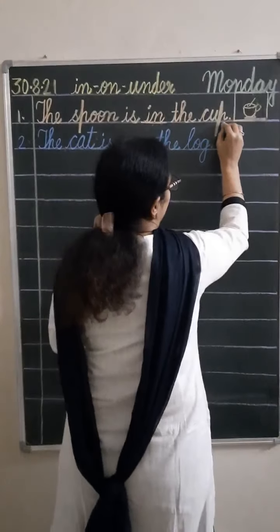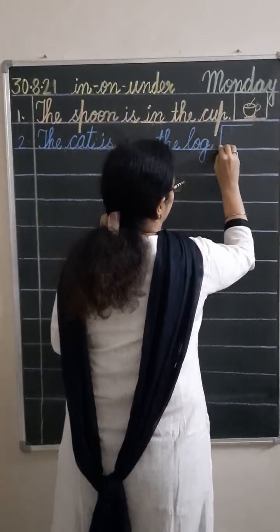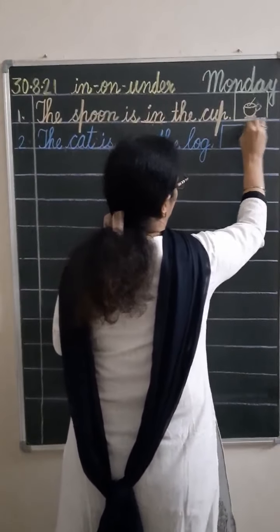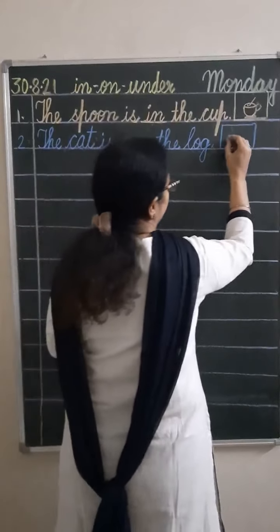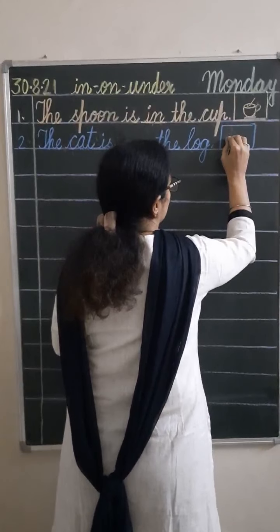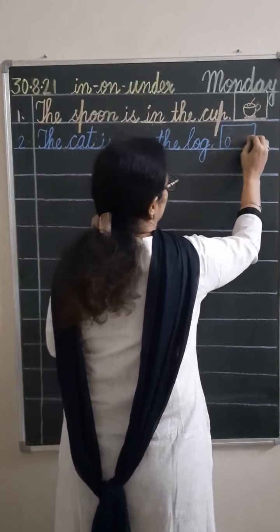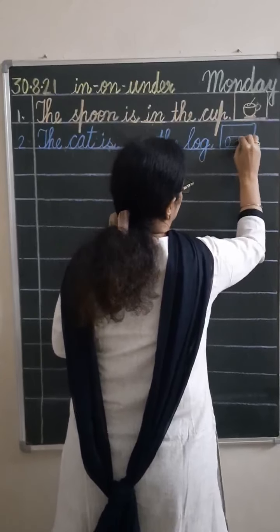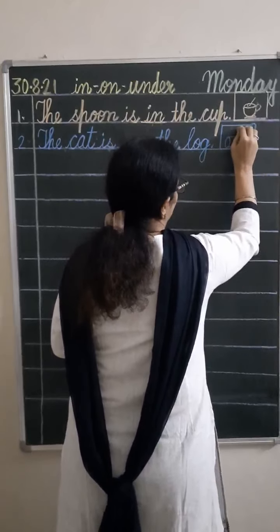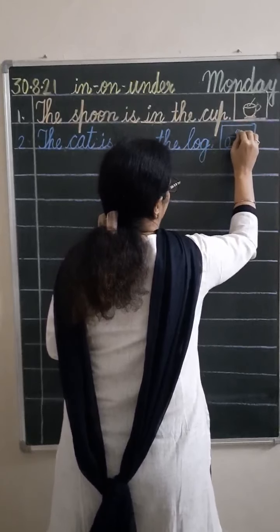The cat is blank the log. And here make a box. Okay. And the cat is dash the log. And here we will make a log. Okay. Like this. And यहाँ पे हम cat draw करेंगे.